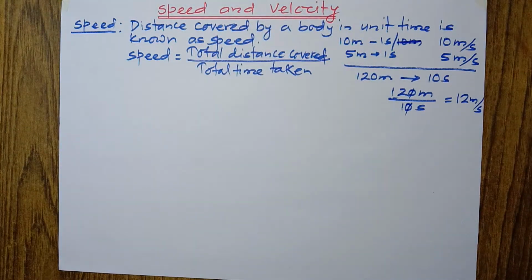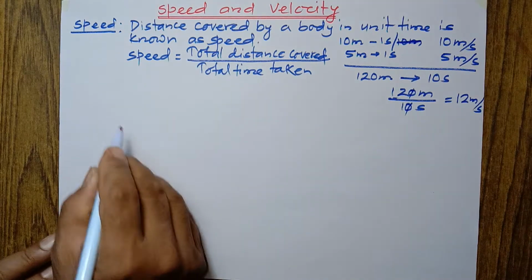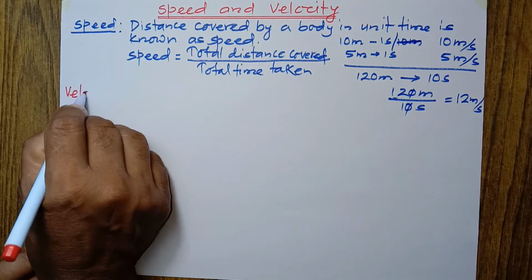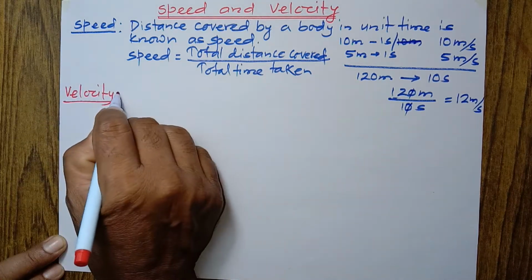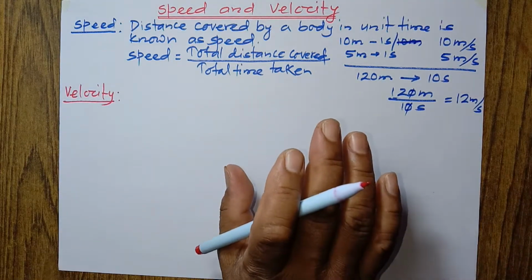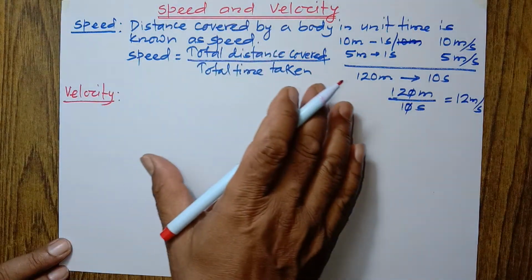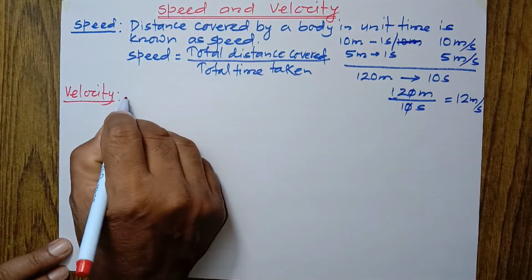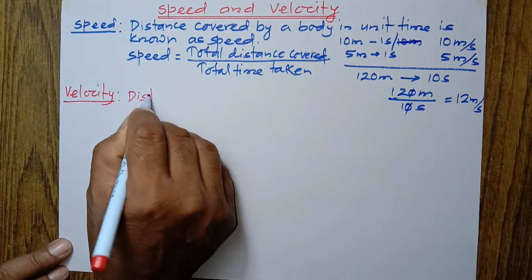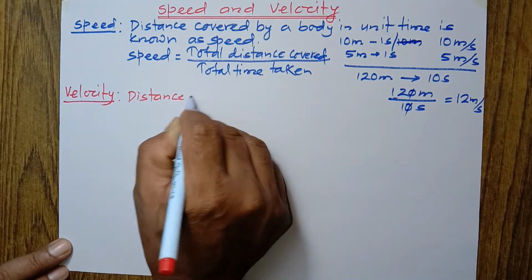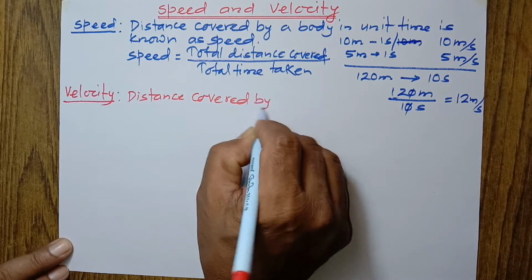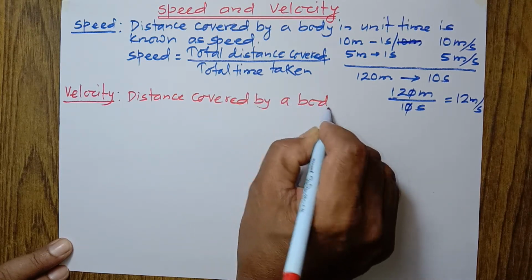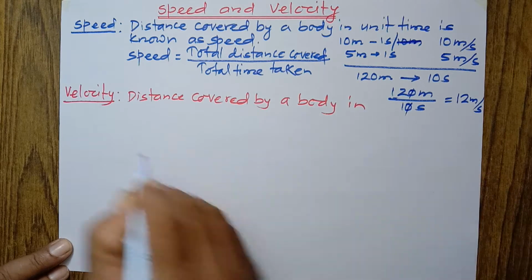Now let's talk about velocity, how it is similar and how it is different from speed. Velocity. How can we define velocity? We can define it this way: distance covered by a body in unit time. Same thing we are writing: distance covered by a body in unit time.